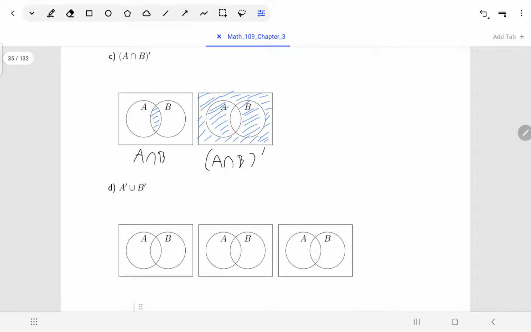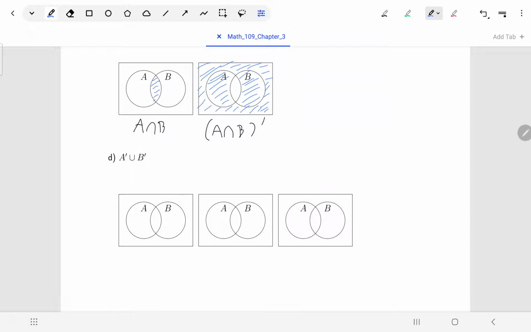And next one, A complement union B complement. So again, I'm going to shade in A complement, shade in B complement, and then I'll ask myself, what is the union for the two sets? A complement, we know where that is.